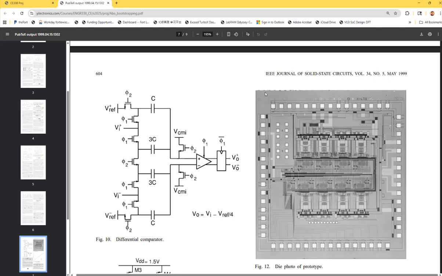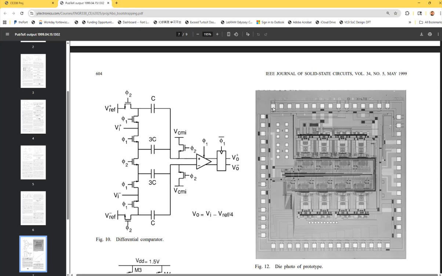I couldn't tell the size, but it looks like it's somewhere around 1 millimeter, because the pads cannot be too small. If it's too small, you cannot wire bond to it. And if you can visualize it, it's already in the 50 to 70 microns. So it's about 50 micron by 50 micron at least, or 70 micron by 70 micron. So it's in that scale.